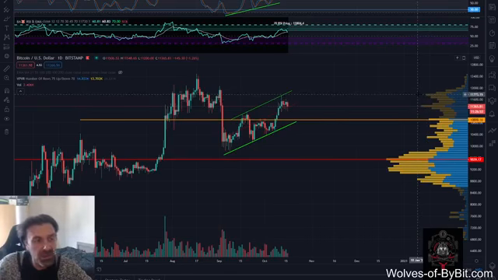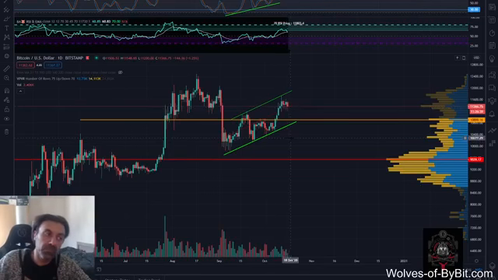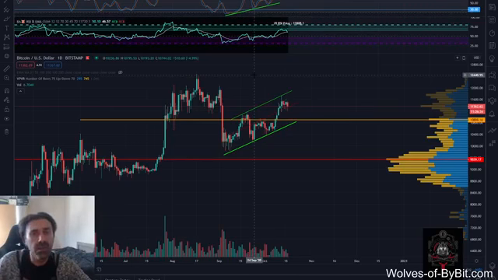Above us there's a node at 11,800, and below us there is a node at 10,900. Let's call it 11,000. So we are smack in the middle. Go step by step. Take it easy.